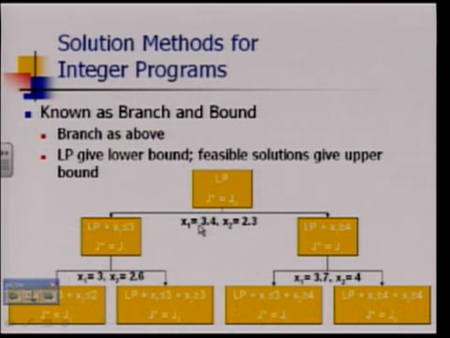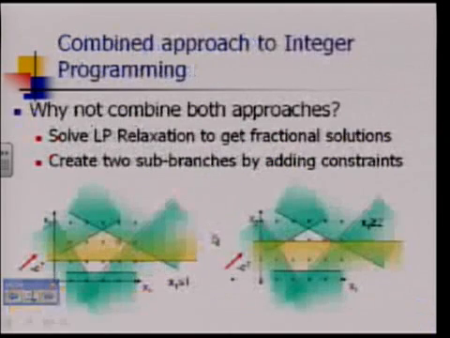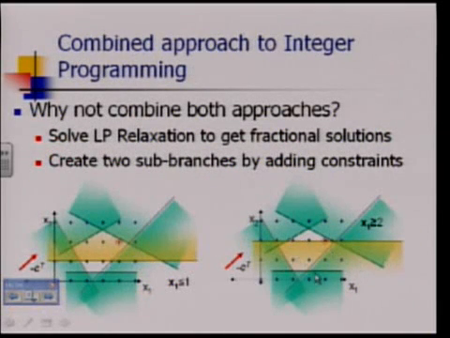So basically, you try to round it to 3 and 4, and this is 2 and 3, right? So if you look at here, this is the branch for x2, 2 and 3, and x1, 3 and 4.